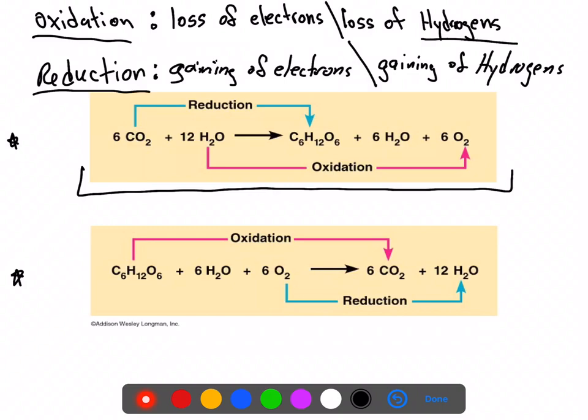So do you remember us discussing in chapter 2 how in an ionic bond, one atom pulled away an electron from another atom, and that this is how we created ions, and then this is why opposite ions attract each other? That was oxidation and reduction. That was the loss of an electron and the gain of an electron, right?